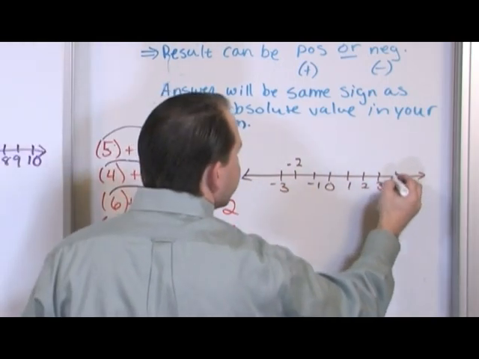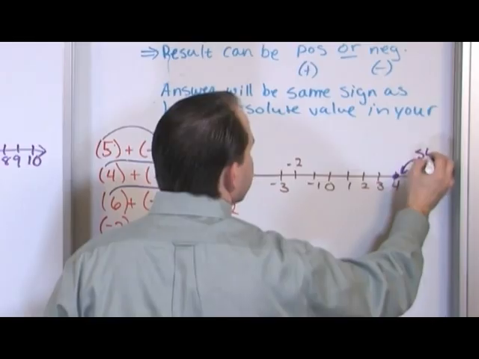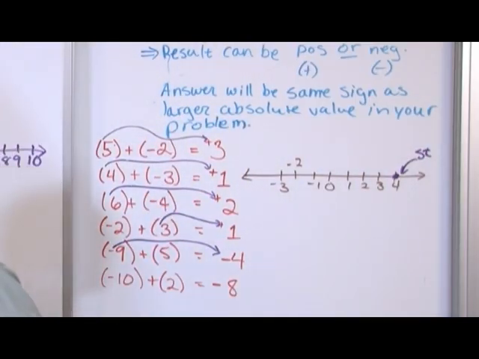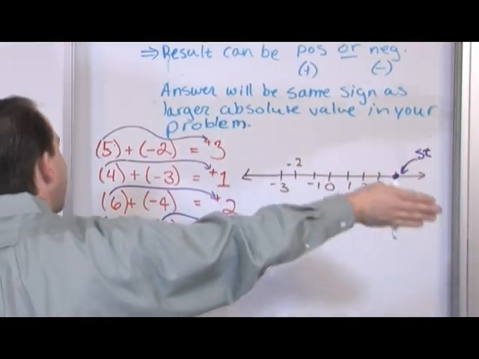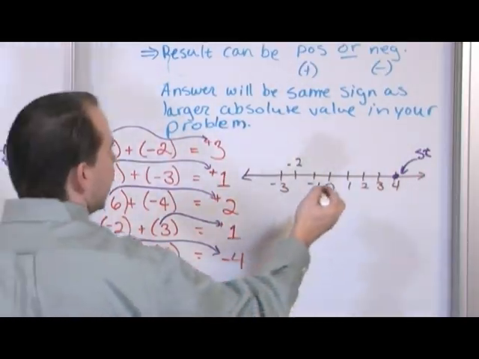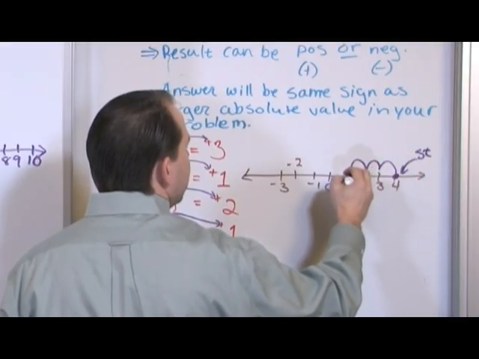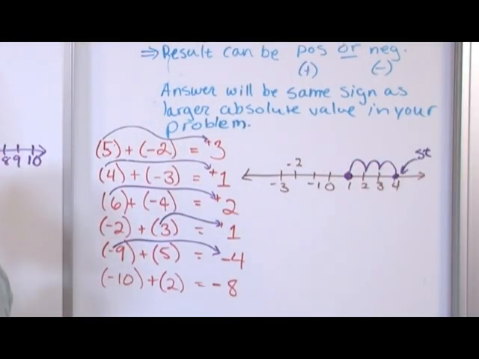You start over here, so I'm going to put a little arrow, start. That's where I'm starting. And I'm adding to it a negative number, which means I'm not going to go to the right because I'm not adding a positive number. I'm adding a negative number, so I'm going to go to the left, 3 units. 1, 2, 3. So I landed here. The answer is positive 1, just exactly what we got.